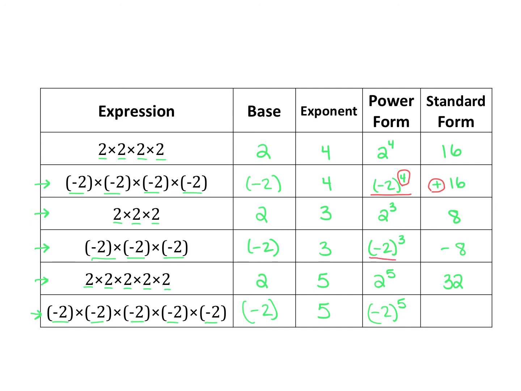When we had a negative base with an odd exponent, our answer was negative. So here we have a negative base with an odd exponent. That would look like -2 times -2 times -2 times -2 times -2. These multiplied together will make a positive, these multiplied together will make a positive, and our last one will give us a negative. So the overall answer will be -32.